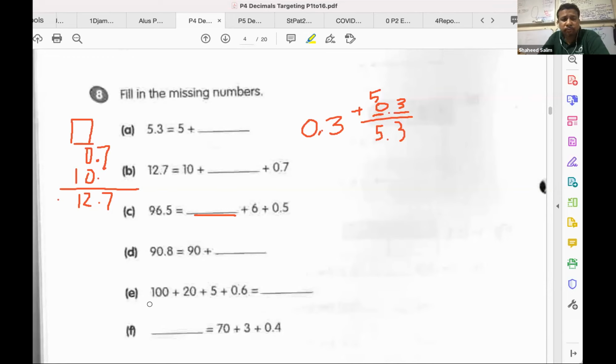Well done, Miss Amara, for C. Well done for C.